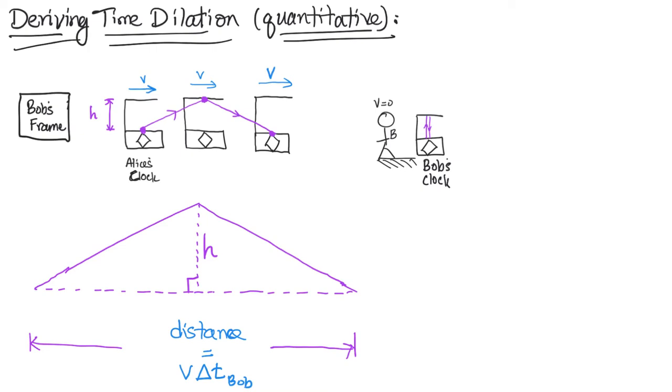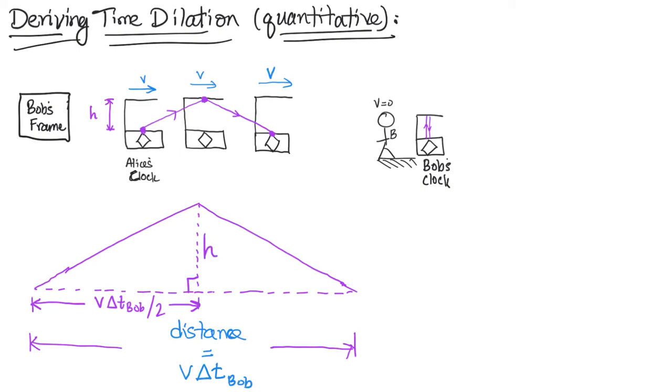Okay, so now we're in really good shape because we want to know the geometry of this right triangle, which is half, the base of that triangle is half of the long base. So we can just write that the base of this right triangle is v delta t Bob, all divided by 2. Okay, and our goal, right, is to figure out what is this path length. Actually, the full path length, which is twice of one hypotenuse.